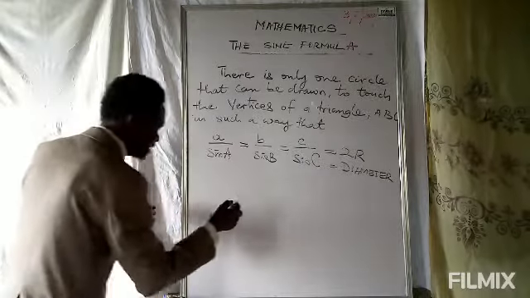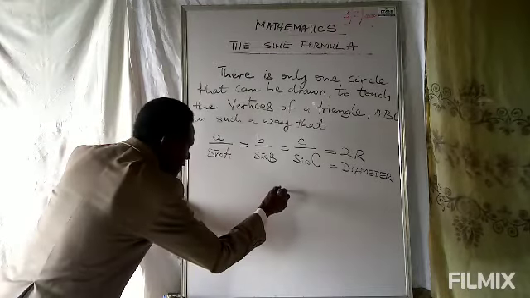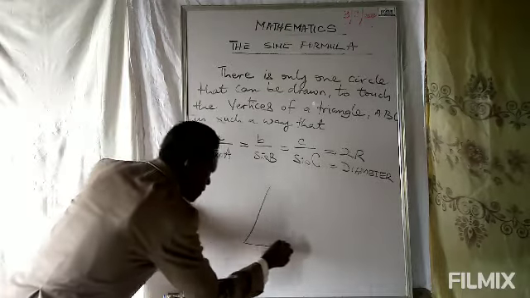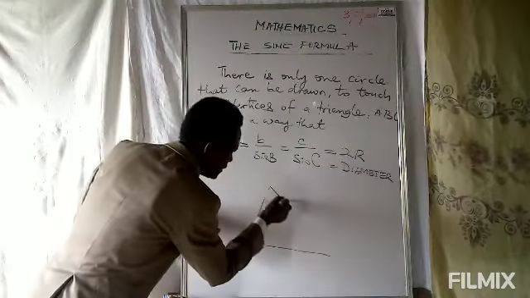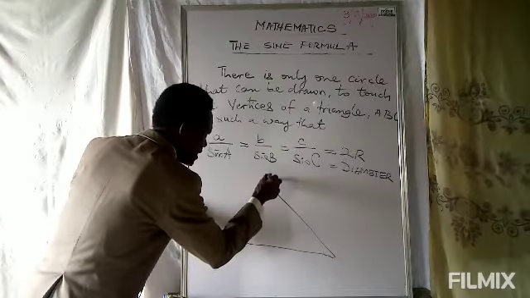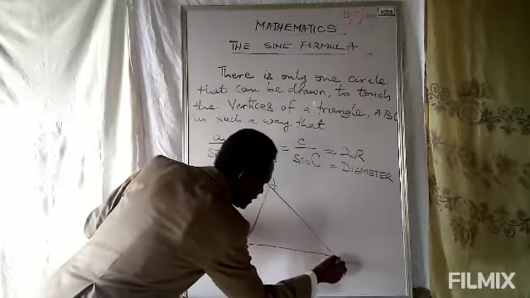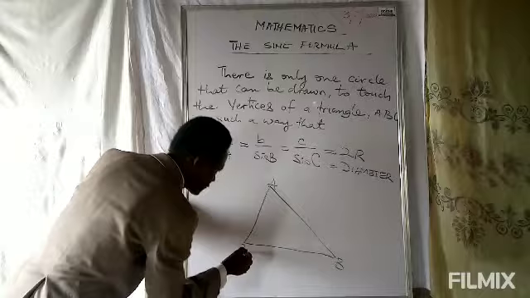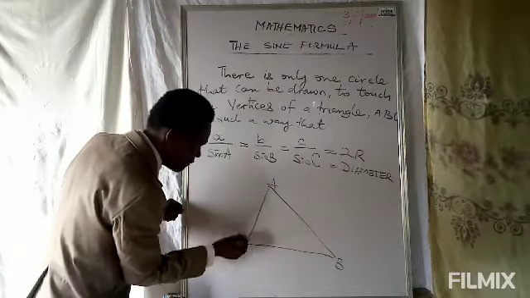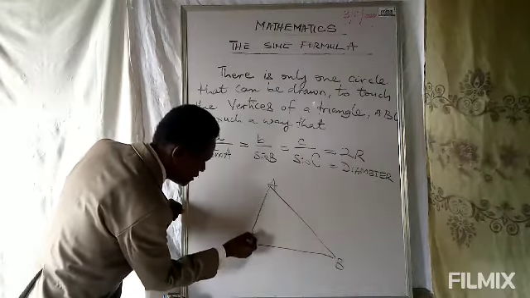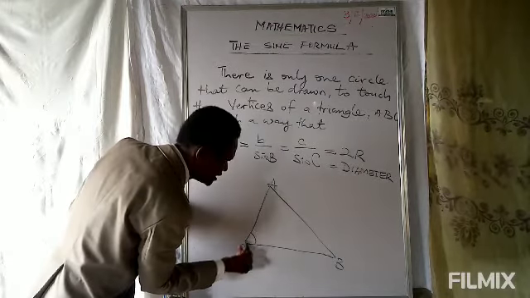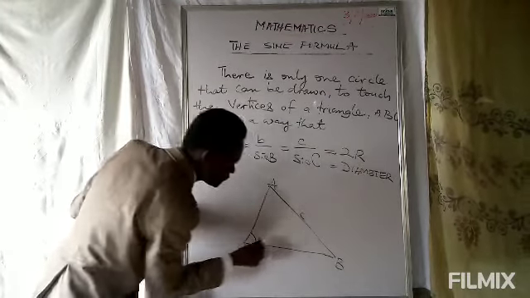Now let's take it. This is a triangle. Take it as triangle A, B, and C. Then this is angle C. The side that is opposite to this angle C, we call it small c.